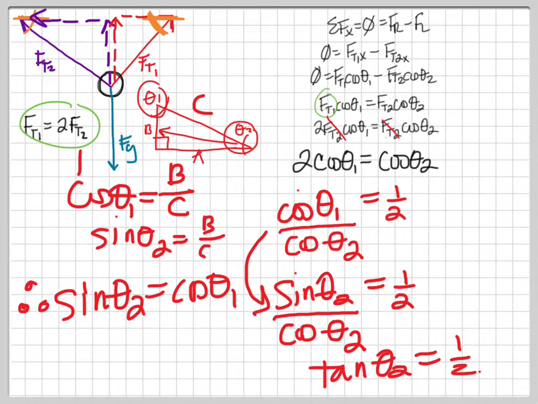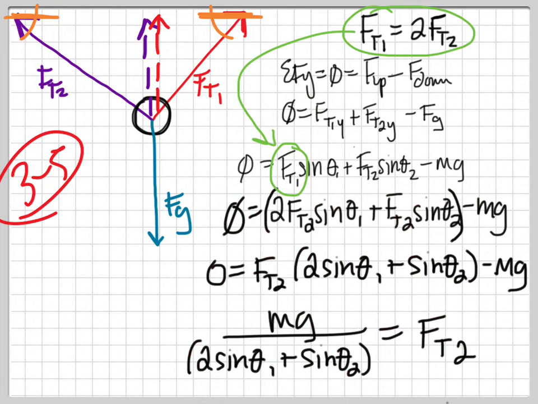So what's theta 2? 26.5 degrees. So then if we go back here, we can obviously get theta 2 by just taking 90 minus theta 1. It's going to be the complement to that, because it's the other interior angle of the triangle. So from there, it should be fairly easy.